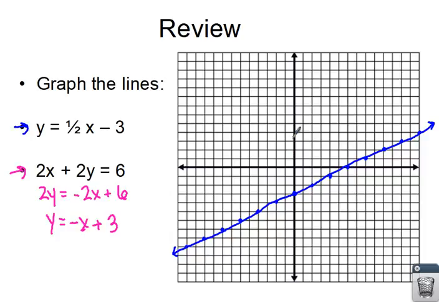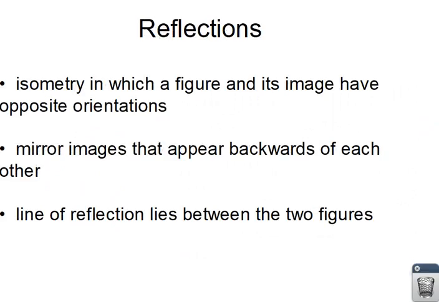So to graph that line, I go up 3, and then it has a slope of negative 1, so I go down 1 over 1, down 1 over 1, or up and left, either way, and that will give you your line. That's another one that you probably should dot all the way across the graph, just so you have a perfect line to graph with. Okay, so we're going to use these to reflect our lines.